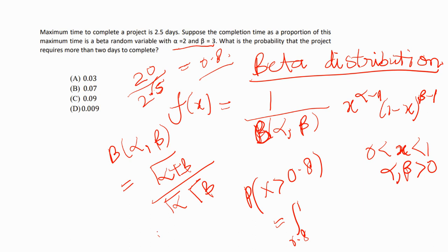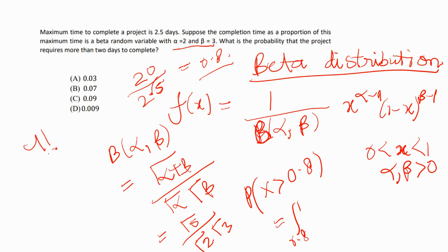Let's find this here. It will be gamma 5 divided by gamma 2 times gamma 3. Gamma 2 is 1, gamma 3 is 2, and gamma 5 is 4 factorial.